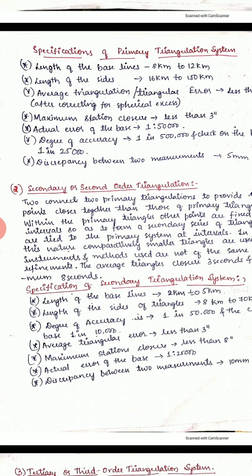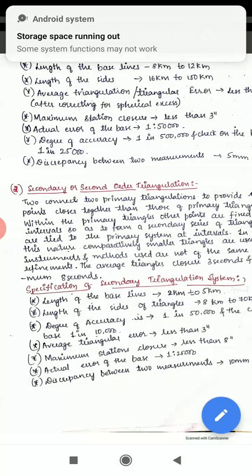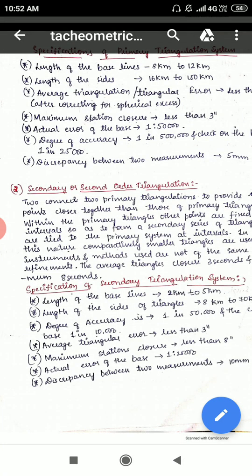In work of this nature, comparatively smaller triangles are used. The instruments and methods used are not of the same utmost refinement. The average triangular closure is 3 seconds and the maximum.